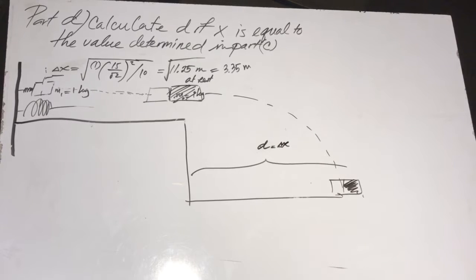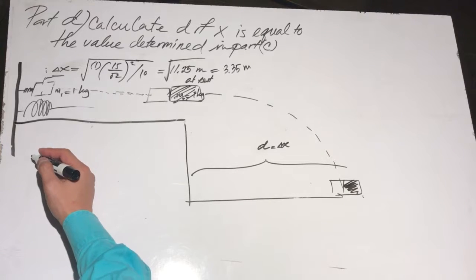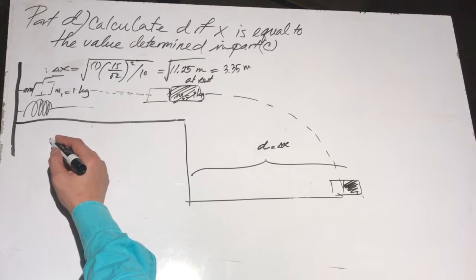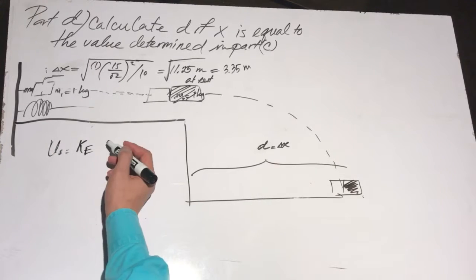With this one, you have to use the concept of conservation of energy first to figure out the initial velocity. There are multiple parts to this problem. So I'm just going to use this one. Spring energy is equal to kinetic energy.